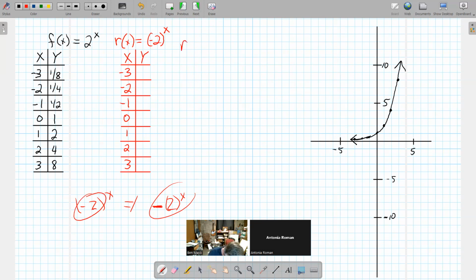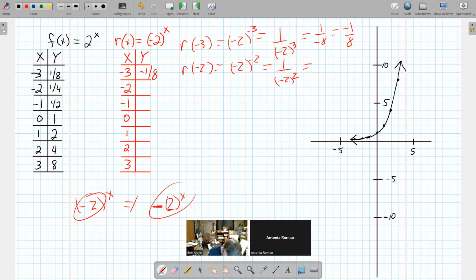So R of negative 3 would be negative 2 to the negative 3 power, which is 1 over negative 2 cubed, which is 1 over negative 8 or negative 1/8. R of negative 2 is negative 2 to the negative 2 power, which is 1 over negative 2 to the positive 2 power, which is 1 over 4. So positive 1/4.